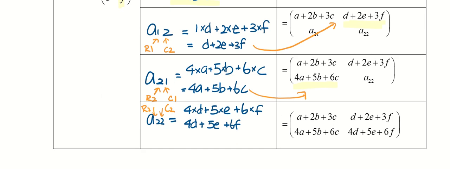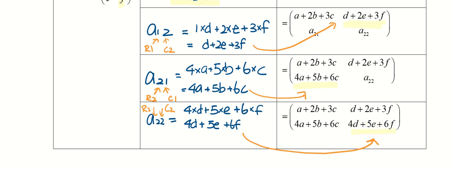And where do you find that? In the position of your A22 here. So this is your 4D plus 5E plus 6F.